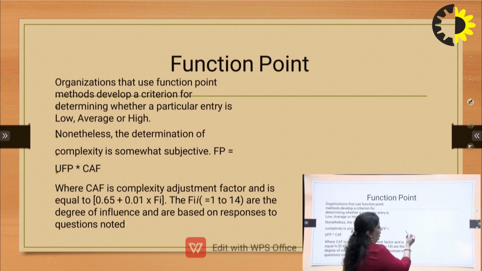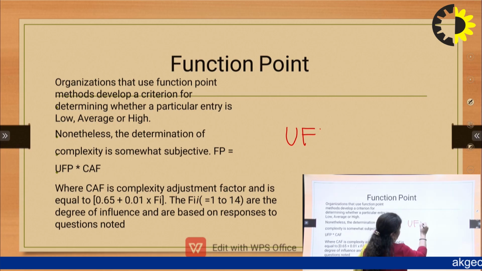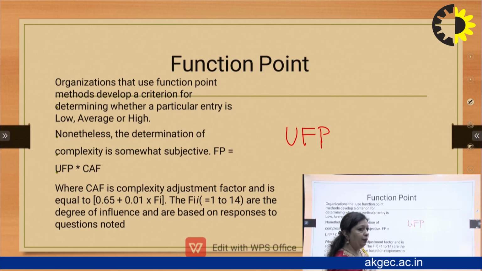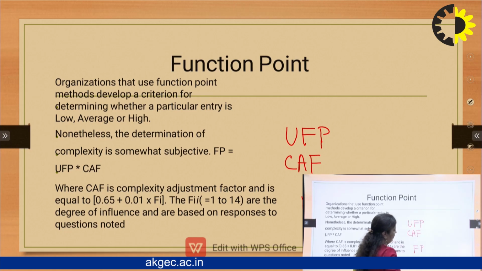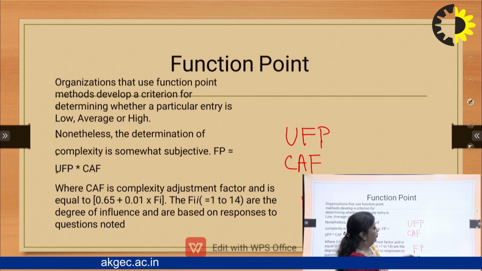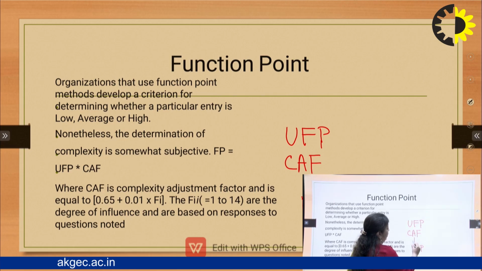By using this formula, once we complete the calculation for UFP, our major aim was to go up to function point. So once we get this UFP, we need to have something known as CAF, that is complexity adjustment factor, so that we can finally compute FP, that is the function point.